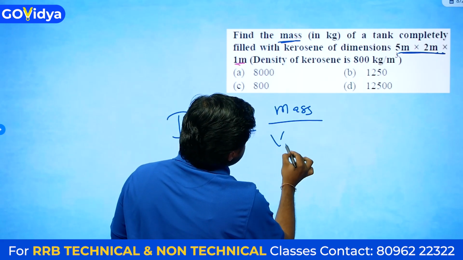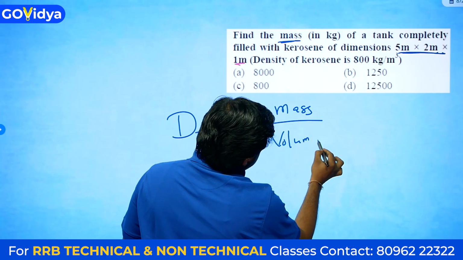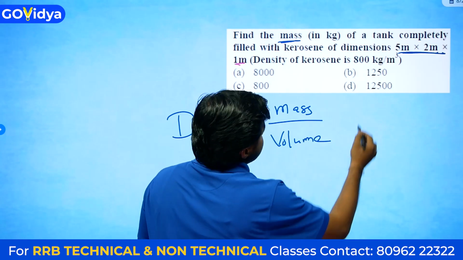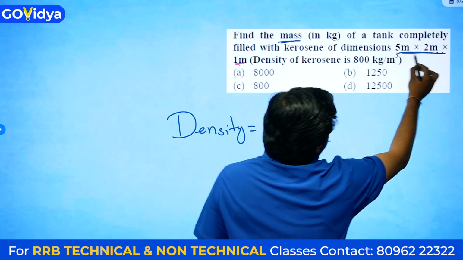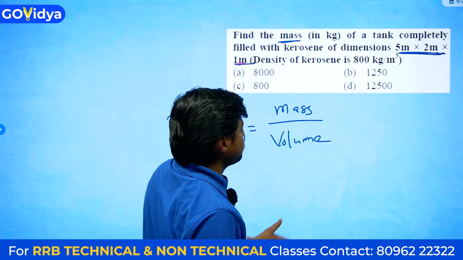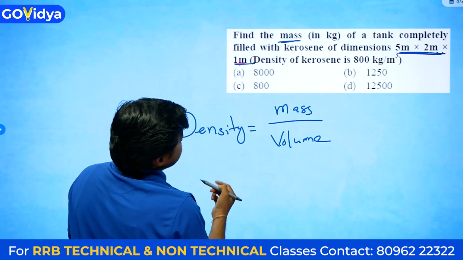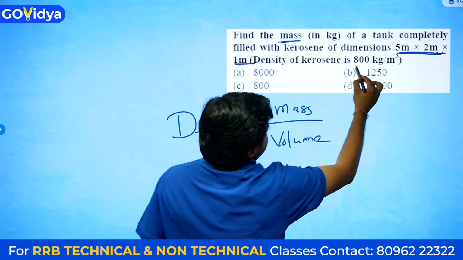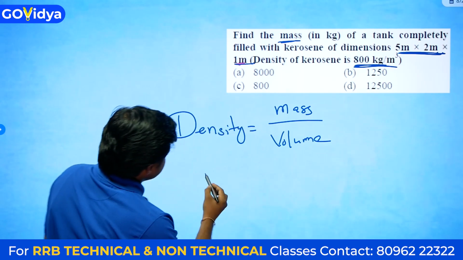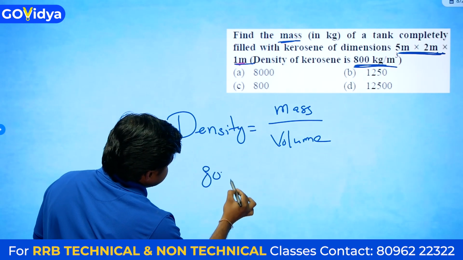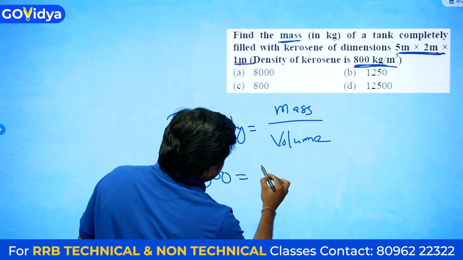What is the volume? 5 into 2 into 1, from the dimensions we can find the volume. What is the density given? 800. Mass we have to find.